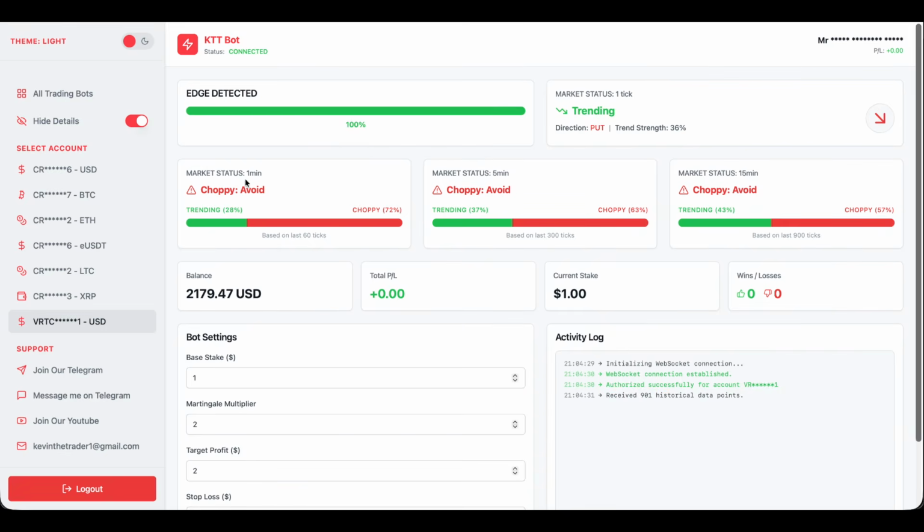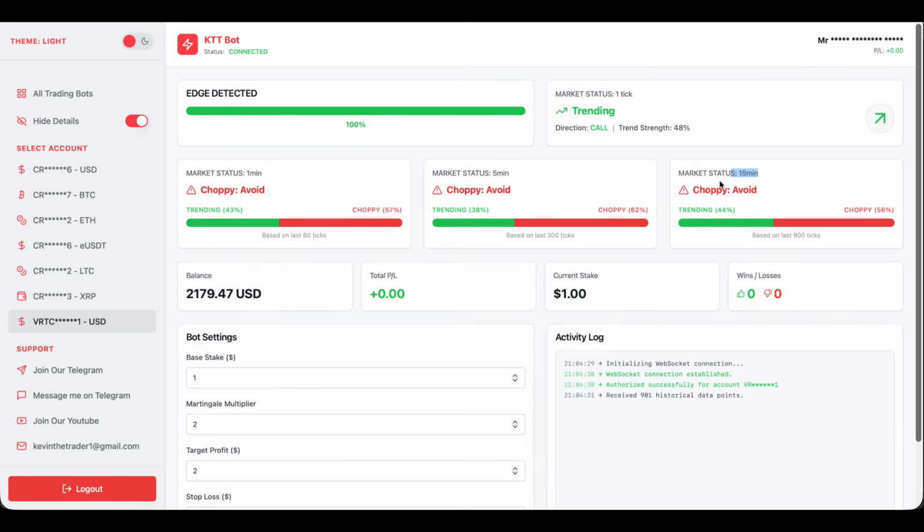And here you wait for this, this is the 1 minute market. So when it's trending up to at least 30%, you can take up your trade. And this is on 5 minutes, and this is on 15 minutes, okay?